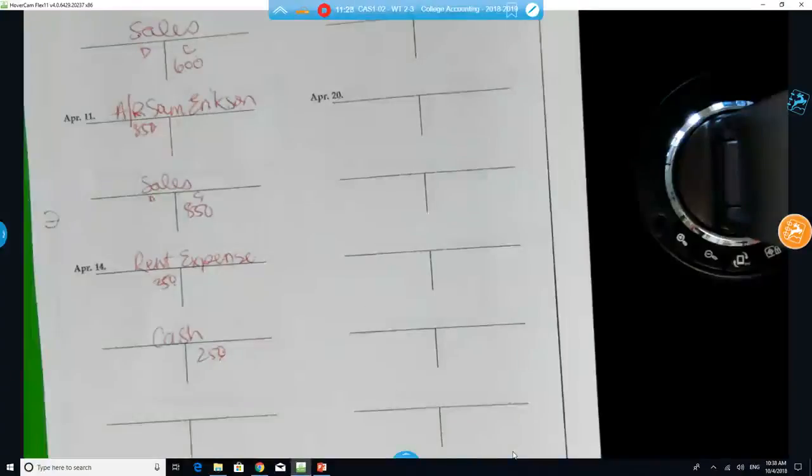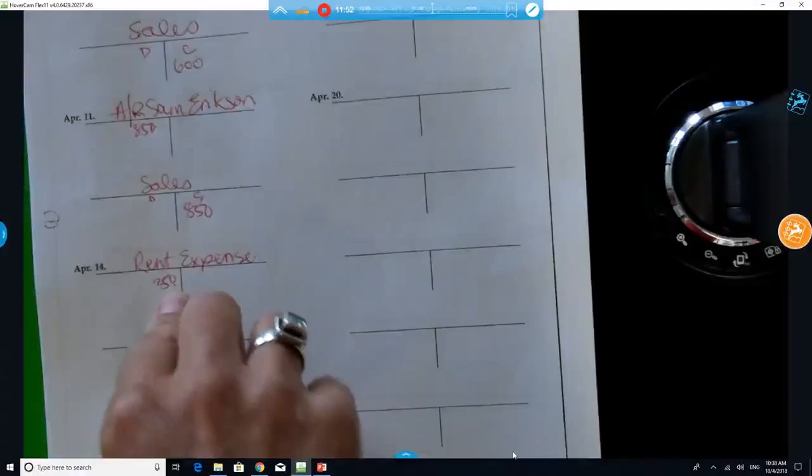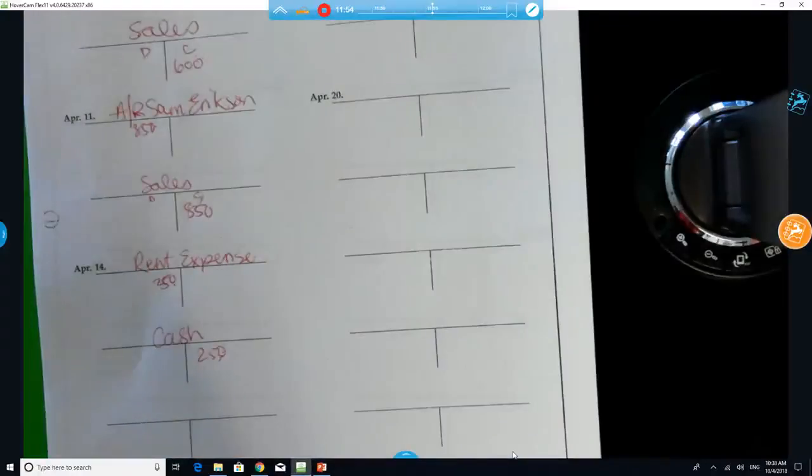The amount that you've expensed on rent goes up as you pay more and more. So every time you pay an expense, the expense amount is increasing. That's why it goes up and increases on the normal balance side of a debit. All right, next one.